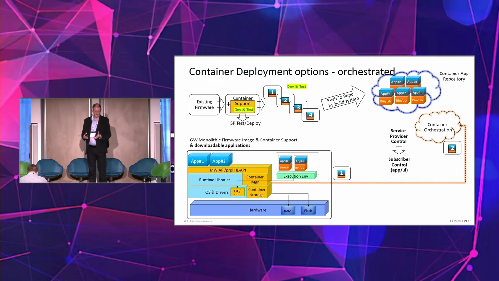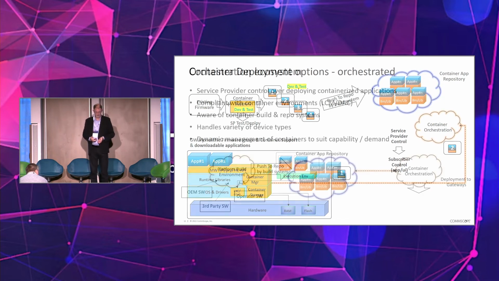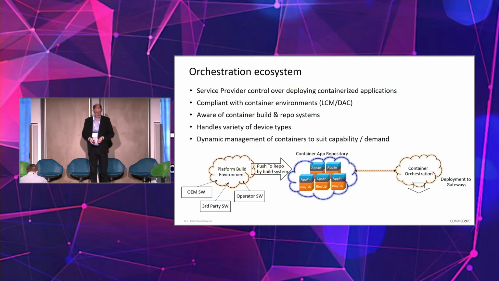And now we have full control over what applications are getting into the execution environment on the platform. We can choose to put them into RAM, we can choose to put them into Flash, we can choose to do download on demand. There is a lot of flexibility with that orchestration idea that we wouldn't necessarily have otherwise.